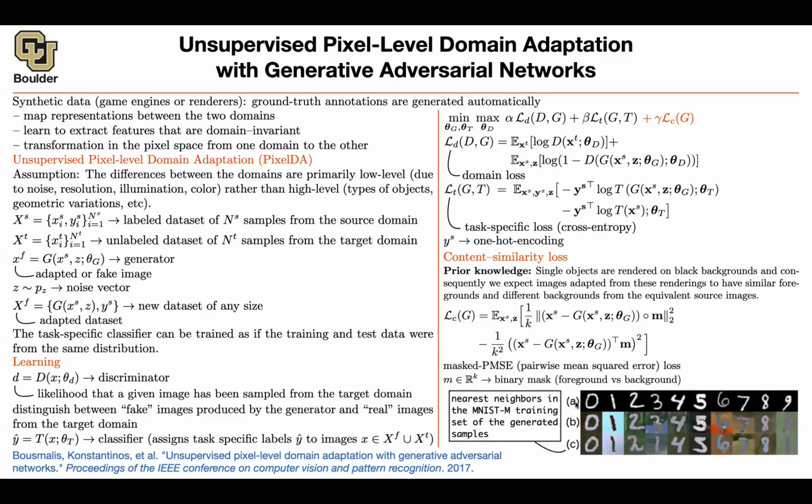And then you can look at the generated images. One way to see whether you actually adapted your domains is to look at the generated images. You take MNIST-type images as input, push them through your generator, and these are the type of images that you're going to see. As you can see, they have different backgrounds. The foreground is the same, but the background is different.